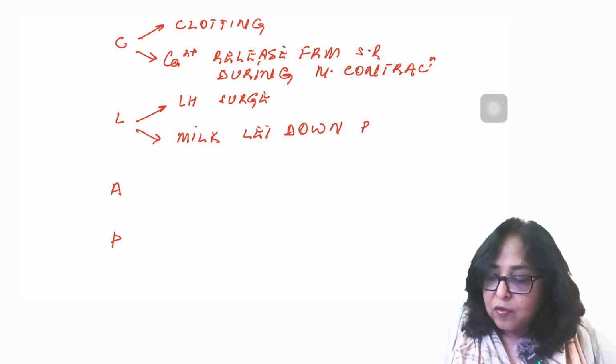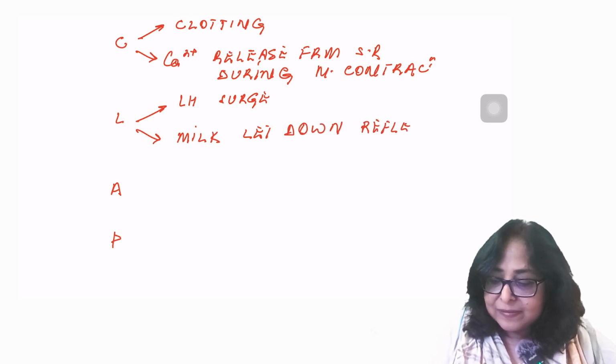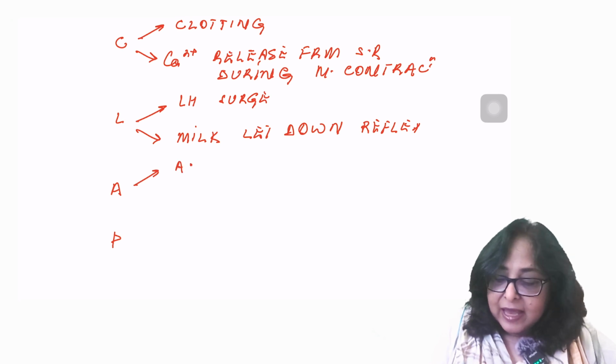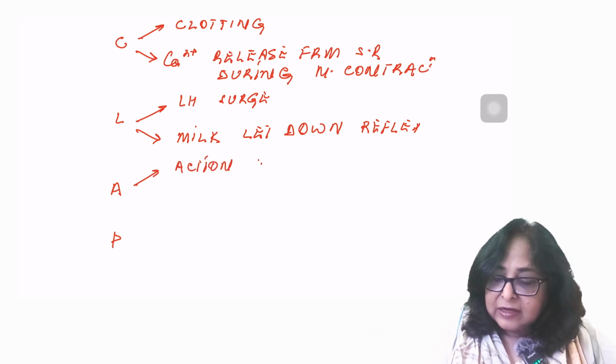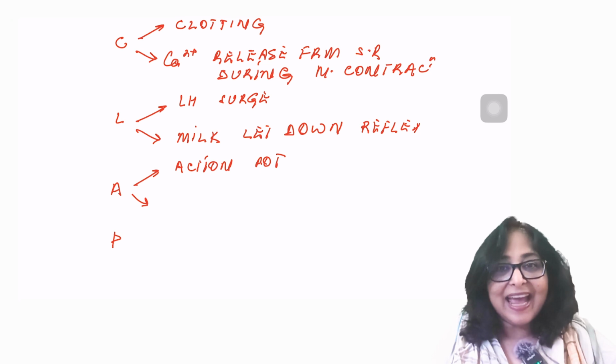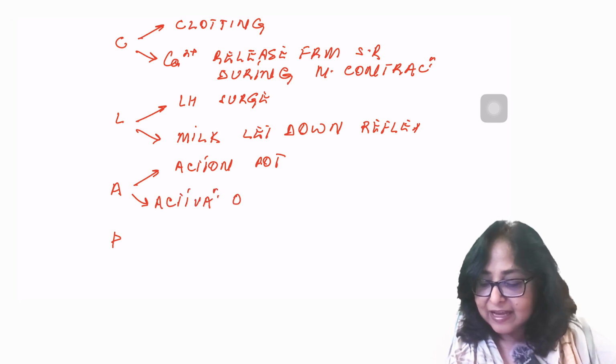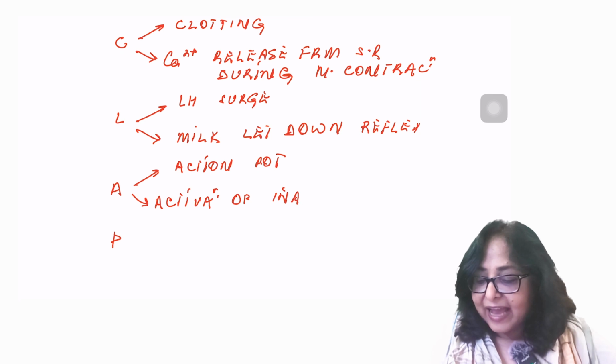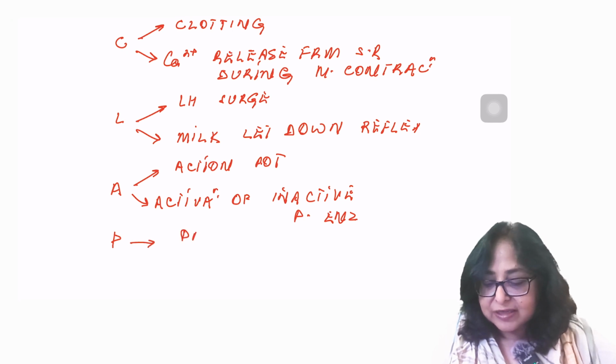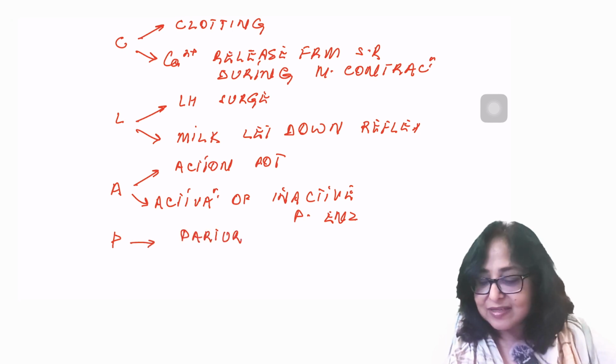A stands for the action potential. It also stands for the activation of inactive pancreatic enzymes to their active form. And P is for parturition, the process of delivery, which I just described to you.